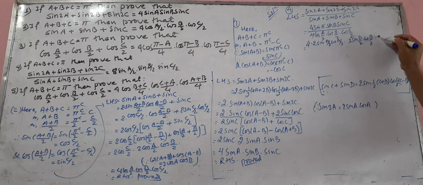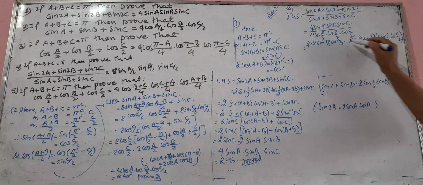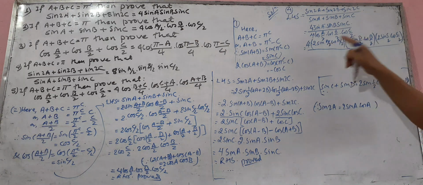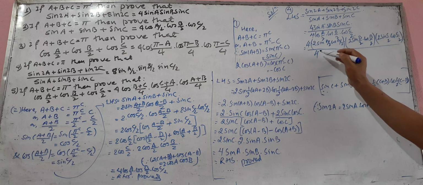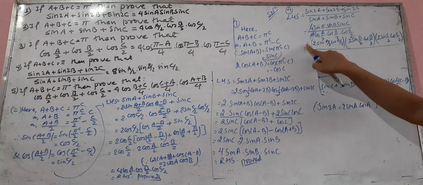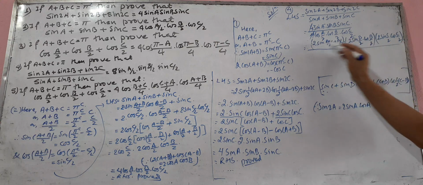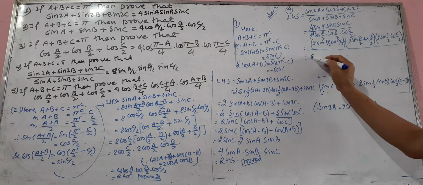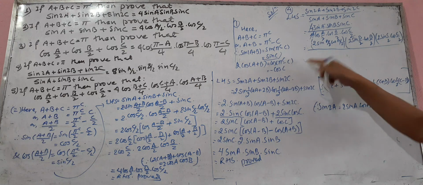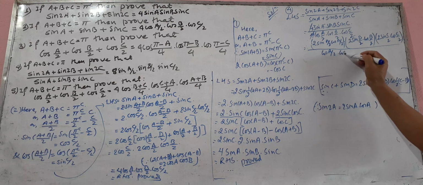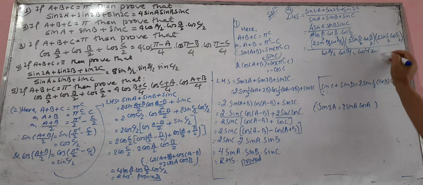And similarly 2 sin C by 2 cos C by 2. We have changed the numerator by this, and we can cancel the common terms. 2 times 2 times 2 gives 8, and we forgot to write cos A by 2 cos B by 2 cos C by 2.